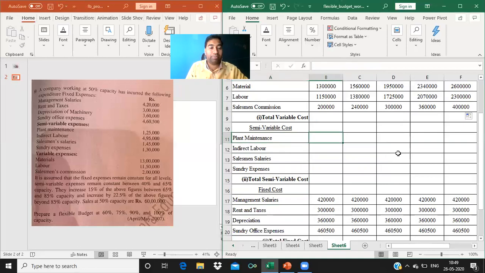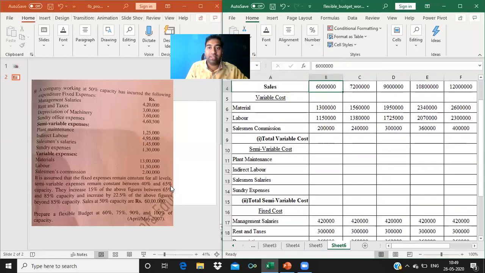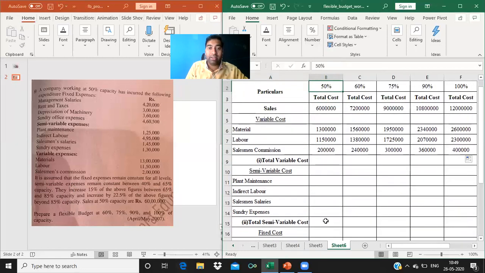Now you can see the adjustment given in the problem. In the second line, semi-variable expenses will remain constant between 40% and 65% capacity. We are calculating the total cost at the level of activity of 50%, so it is between 40% and 65%. So plant maintenance of 1,25,000 is going to remain the same.